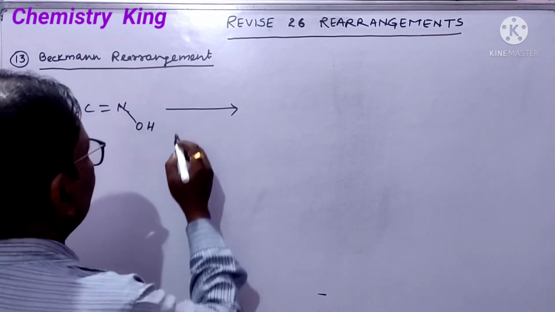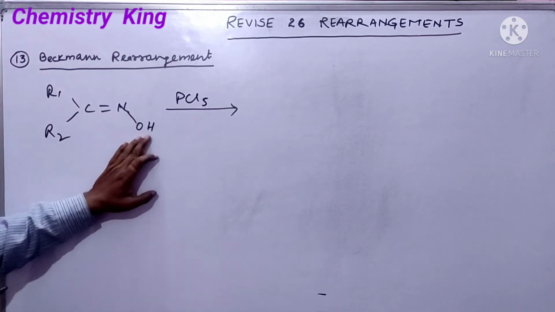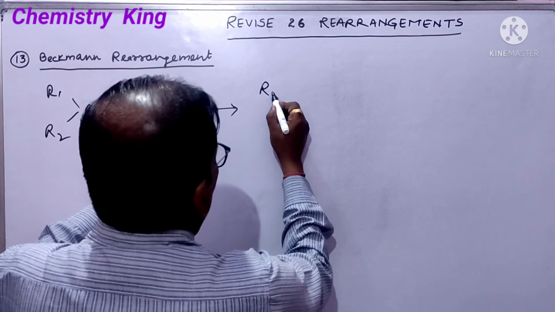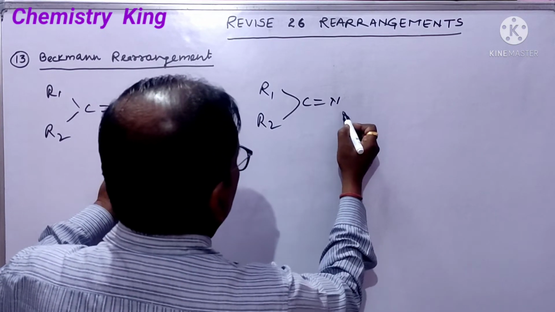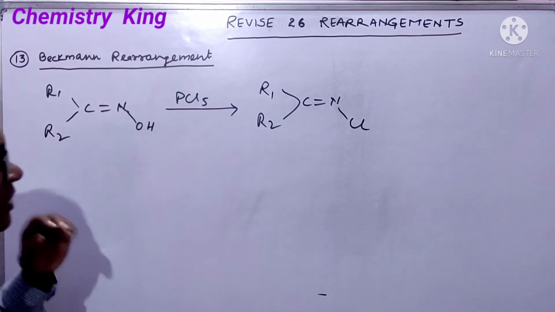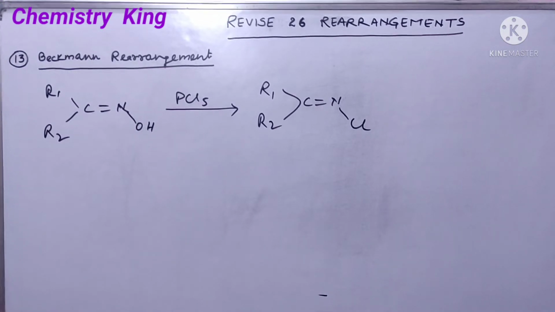In a similar fashion, if you take PCl5, then OH is eliminated and chlorine will come. R1, R2, C double bond N, here. Chlorine is a better leaving group, so chlorine may be eliminated easily.